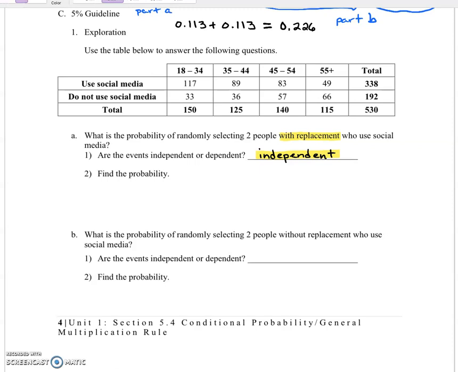Well, we need people who use social media. So using social media, there's 338 people that do that out of 530 total.